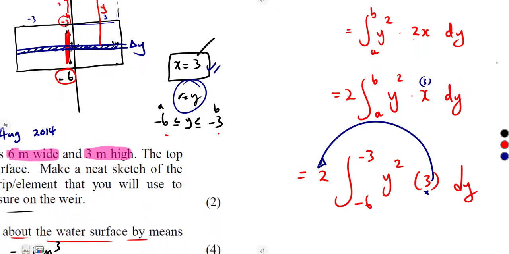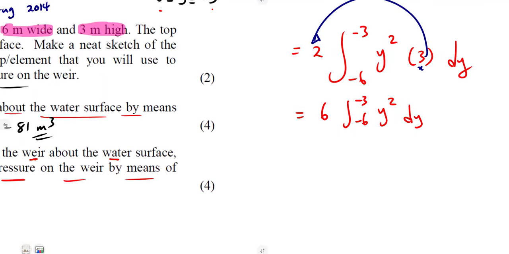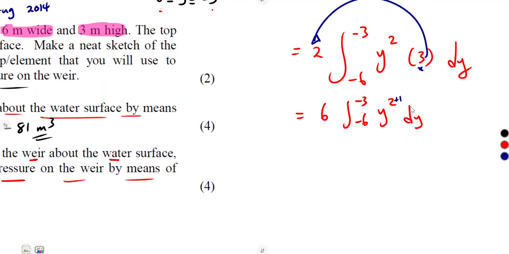That was going to give us what? 6. 3 times 2, 6 integral of y squared. So let's integrate this with respect to y. We're just going to add 1 to our exponent. That's 3. So it was going to be 6 y to the exponent of 3 over that exponent 3 from negative 6 to negative 3.